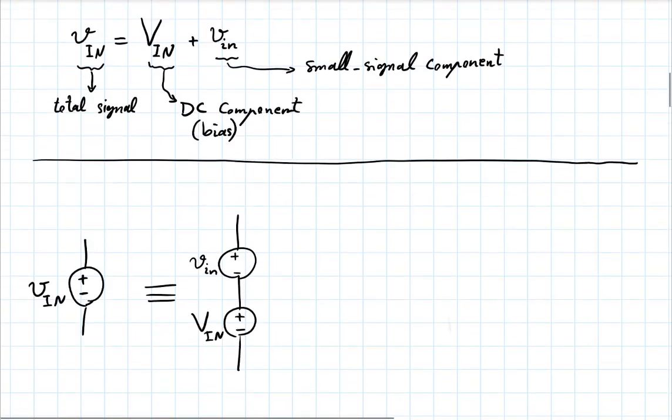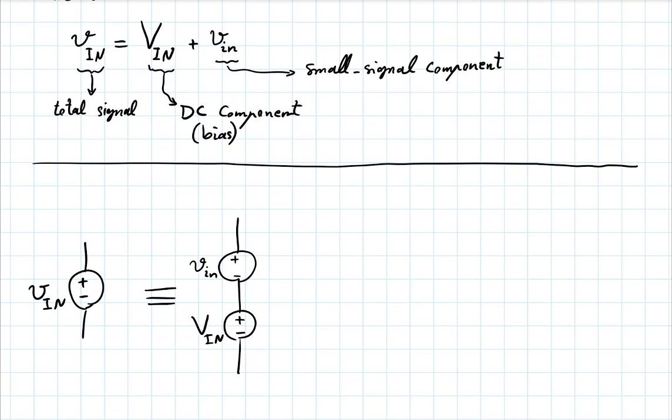This is what this statement here is saying, and what we said above that. And this is indeed superposition. I can solve the circuit once, assuming this top voltage source doesn't exist. It's 0 volts. Solve for this. And then forget about this one. Solve for that. And then add the two.